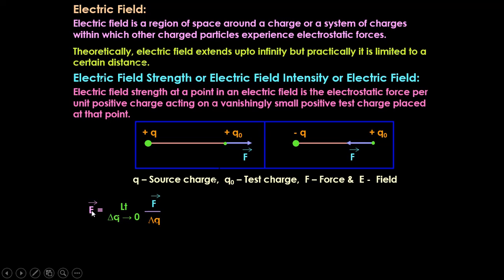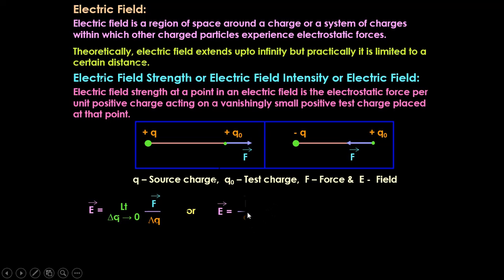So we write electric field equal to F divided by delta Q, with limit delta Q tends to 0, which means electric field is nothing but the electrostatic force experienced by this unit positive charge when this unit positive charge is taken a very small value. In this way we can define the electric field.